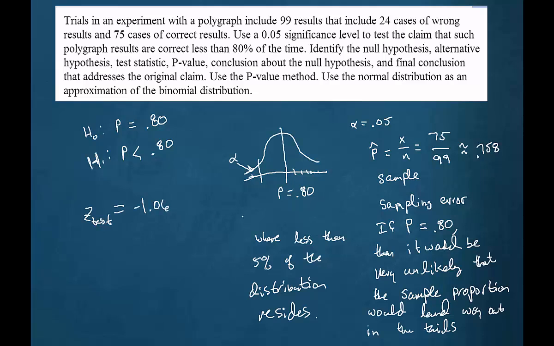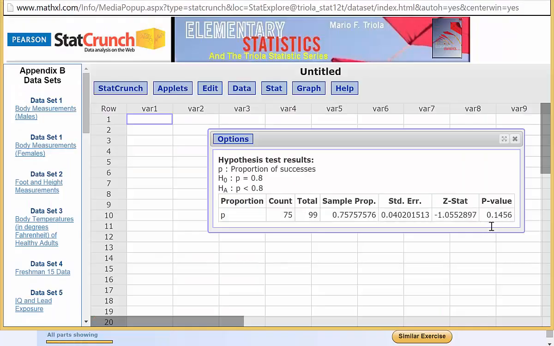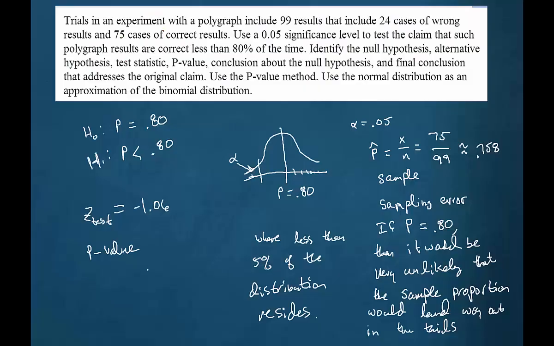The next thing that we are to find is the p-value. Well, fortunately, that showed up too. The p-value we can see is 0.1456.